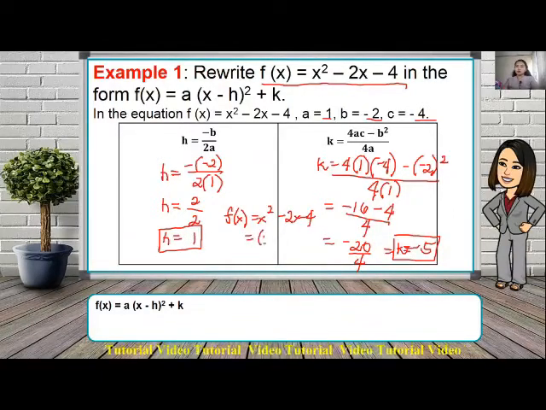So this will be 1 squared minus 2 times 1 minus 4. 1 squared is 1, negative 2 times 1 is negative 2, and then copy minus 4. 1 minus 2, that's negative 1 minus 4. We can also have negative 5. So they are the same. So that is the shortcut on how you can find the value of k without using its long formula.